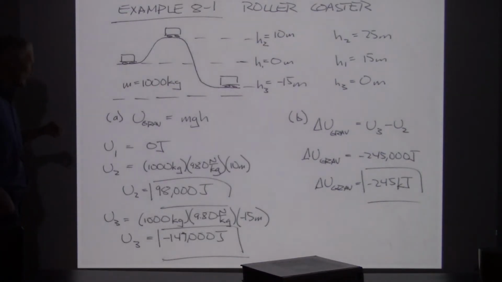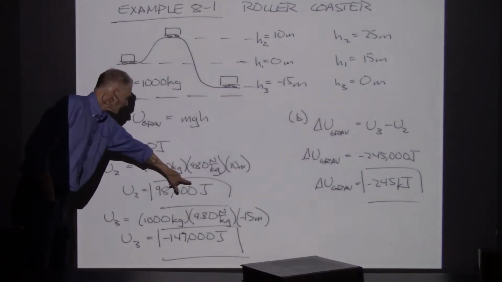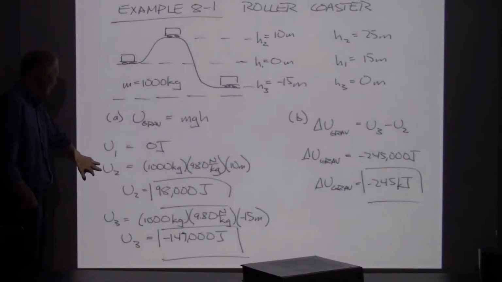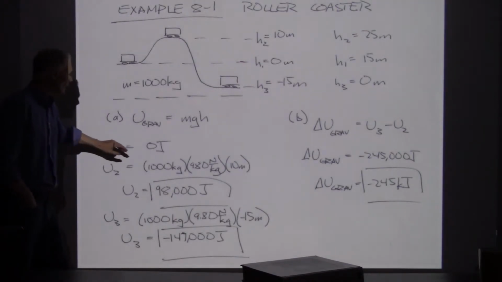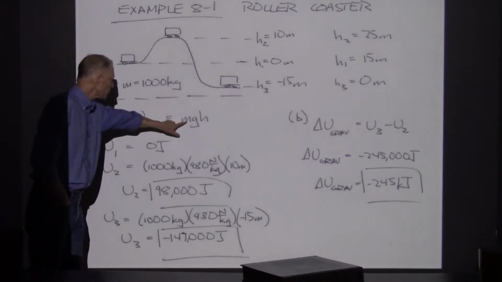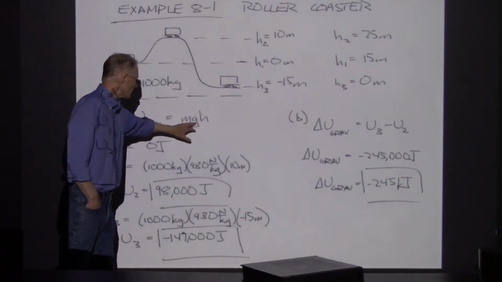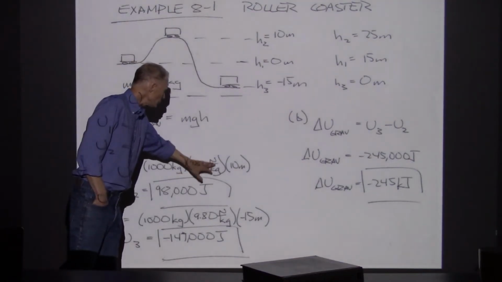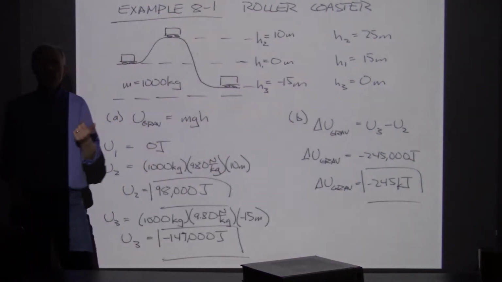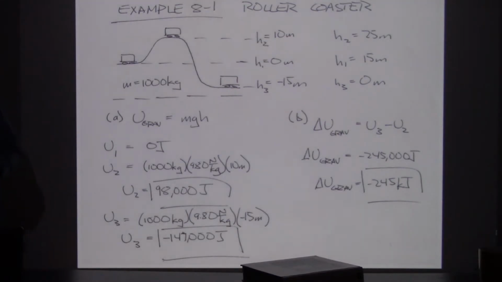At position 2, it's not 0 anymore, so I put in the m, that's 1,000 kilograms, the gravitational field, 9.80 newtons per kilogram, and then the h or y value for that elevation.